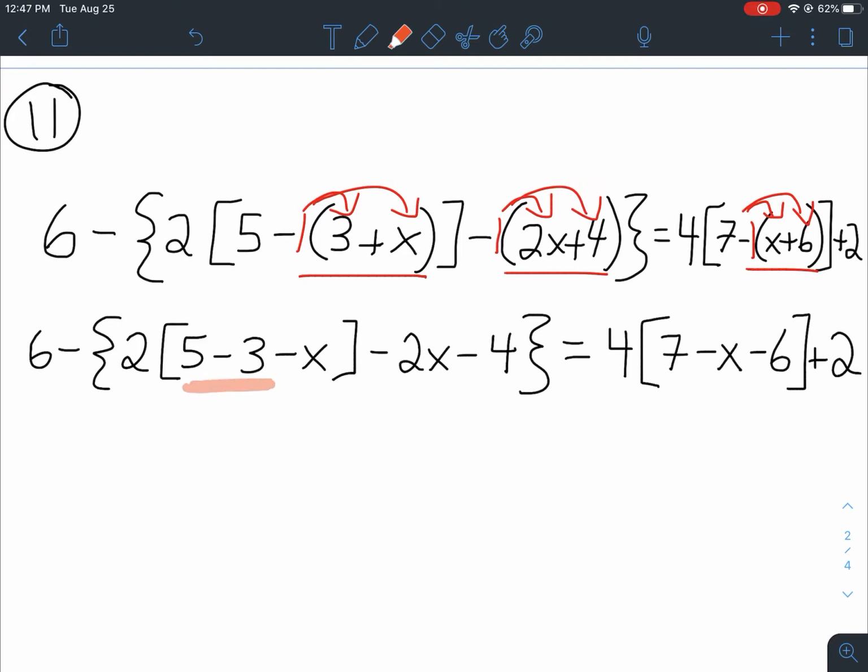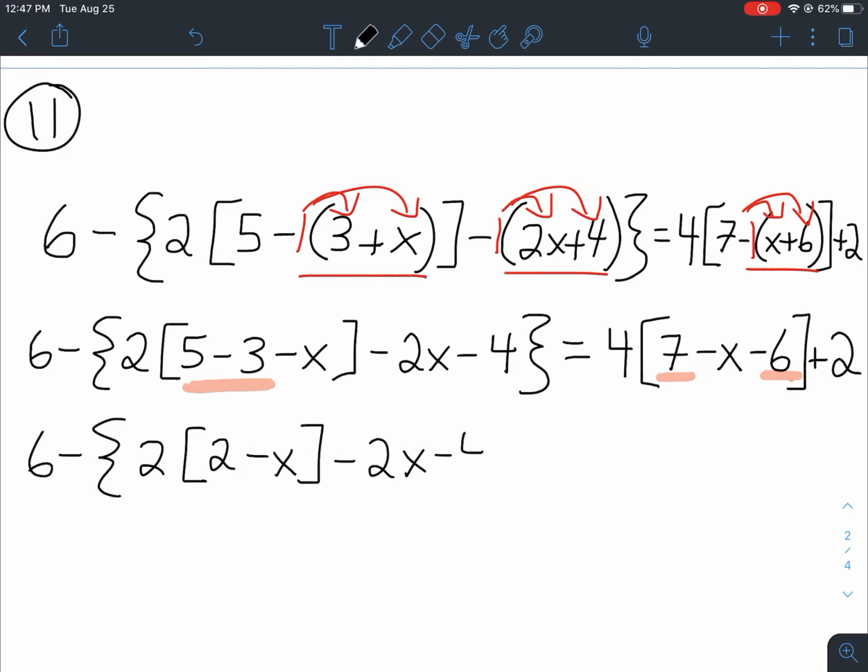So I have 5 minus 3 here, and I have a 7 minus 6 here. So I'm going to combine those together. So when I do that, I have 5 minus 3 is 2, keeping everything else the same. And 7 minus 6 is 1.